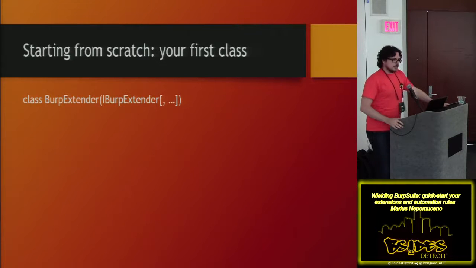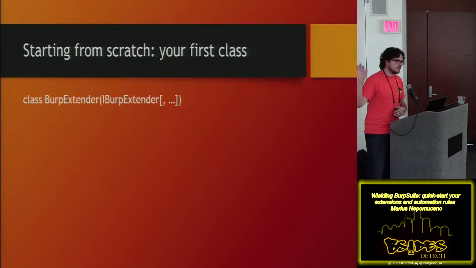Your first class, after you've imported everything that you want, you're going to write exactly that. class BurpExtender(IBurpExtender, ...). The ... over there is for all of those additional interfaces that you want to implement within this class, which you should have already imported. And we'll go into more detail about that as well.